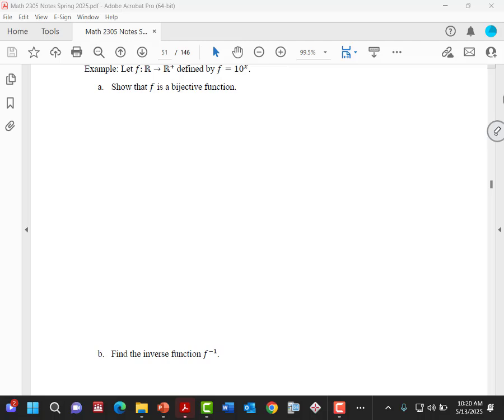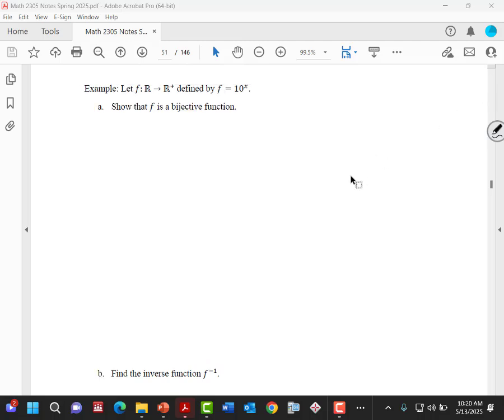When I say R to R plus, the domain x is R, and the codomain y is R plus, the set of positive real numbers. First, let's show that f is a bijective function. It would help if I wrote down what the function is: f of x equals 10 to the x.